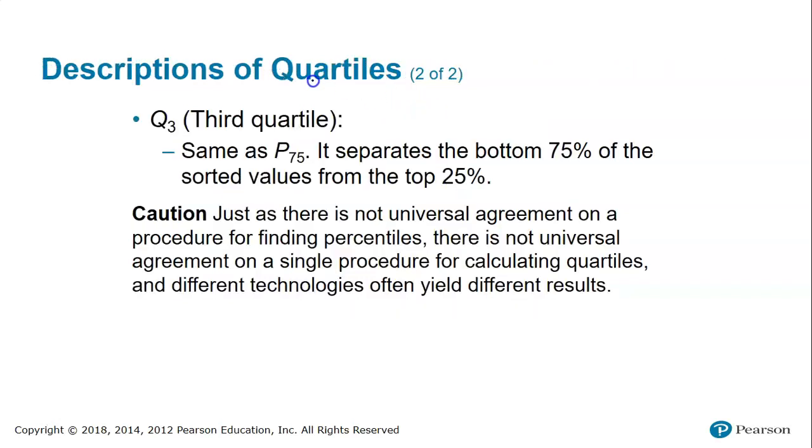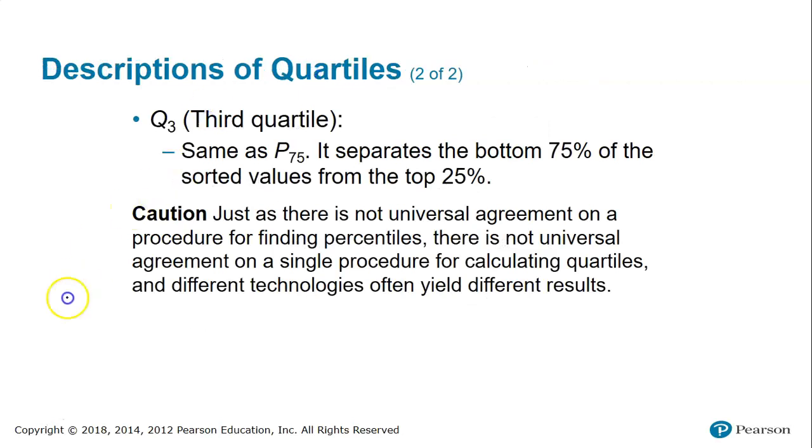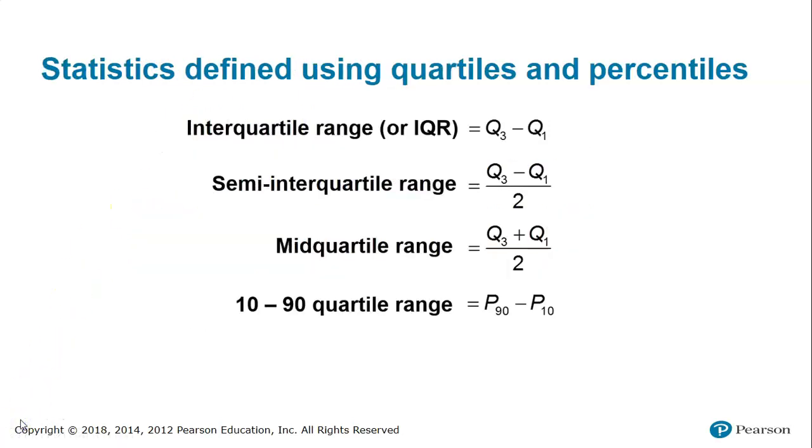Okay, so one reason we want to find our quartiles and our percentiles is to be able to find these different ranges, which can help us determine outliers and so forth. The main one that we're going to work with is the interquartile range, which is referred to as the IQR. With that, you have to subtract the third quartile minus the first quartile.